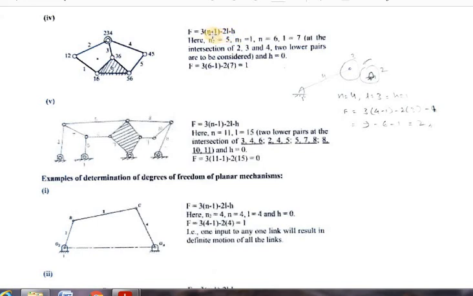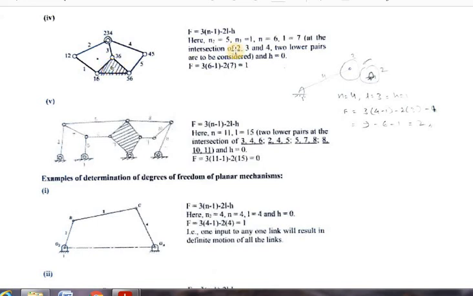Here n is the number of links, so first we need to find how many links there are. You can see this is link number 1, link number 2, link number 3, link number 4, link number 5, and this shaded triangle is completely considered as one link, so it is link number 6. So small n is equal to 6. Totally there are 6 links.